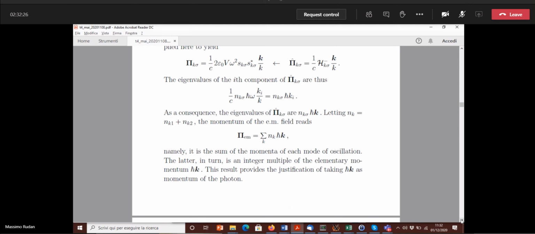This is important because when we want to, for instance, calculate the interaction of the photon with some particle like the electron, we can consider it as a collision between two particles.